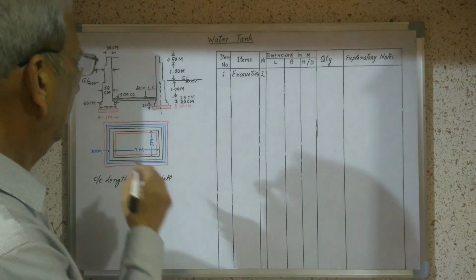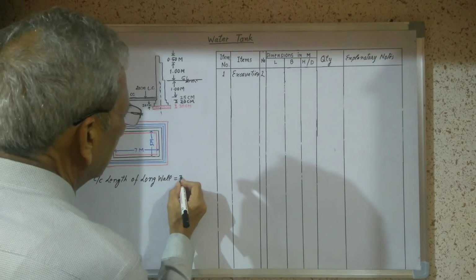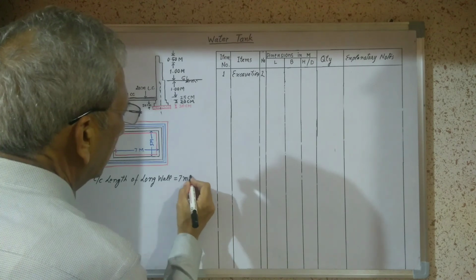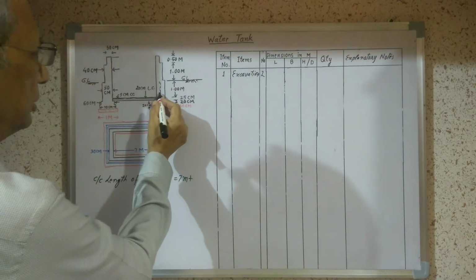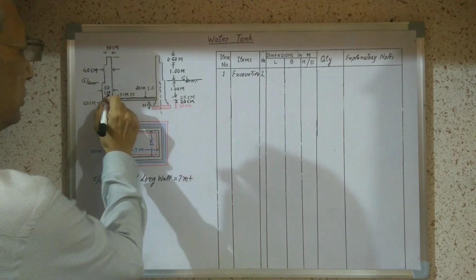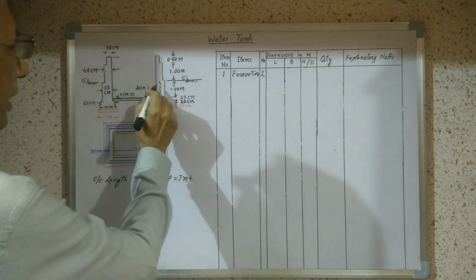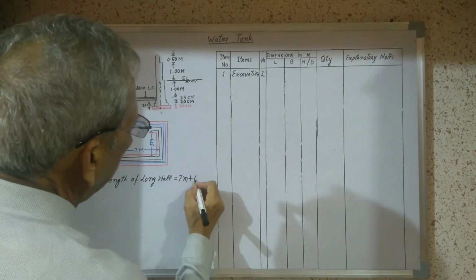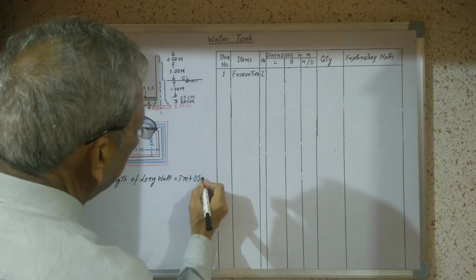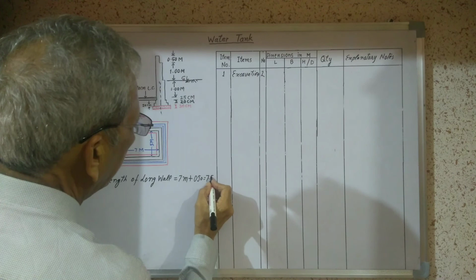Now here, first internal size 7 meter plus half the thickness this side and half the thickness this side. The thickness is 50 centimeter, so we take 25 centimeter and 25 centimeter here. Then we take 0.5 meter. That is 7.5 meter.